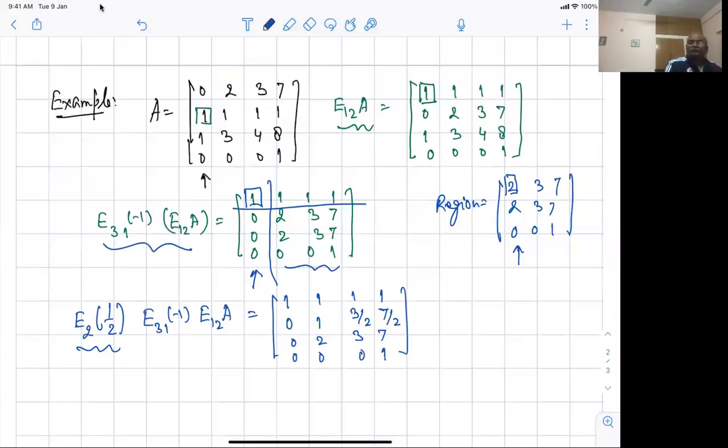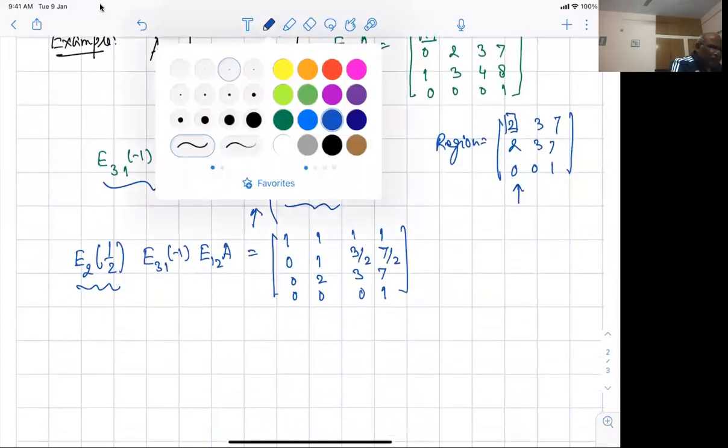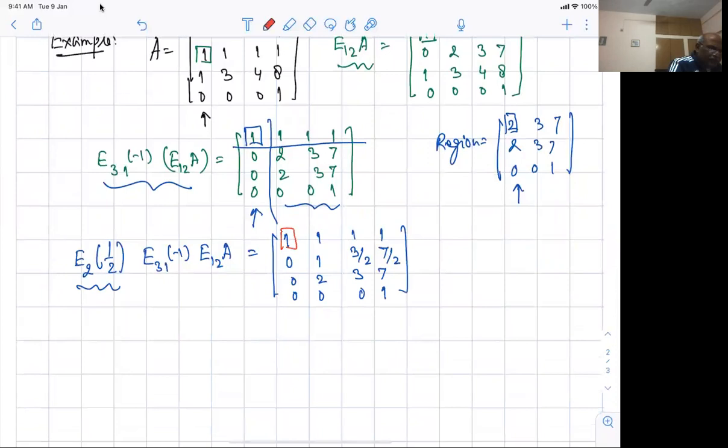Fine. So now I have this as my pivot, and this as my pivot. Now I can make this 0 using this row. The third row needs to be replaced using the second row, multiplying by 2 and subtracting.